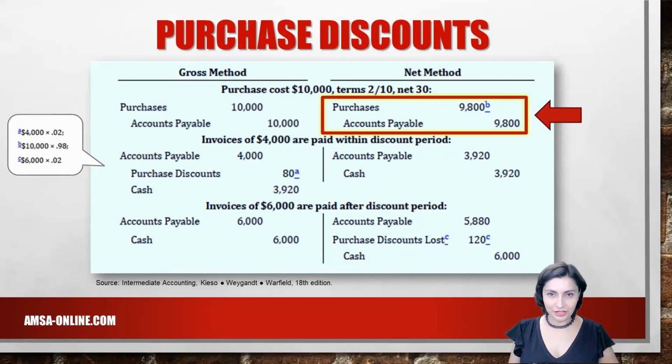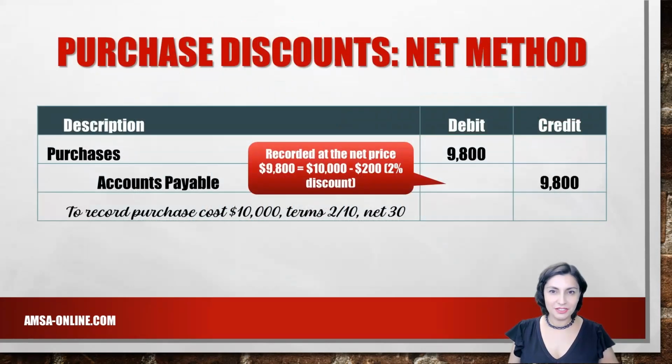The first journal entry is to record a purchase of bicycle inventory with the cost of $10,000, terms 2/10, net 30. Since the net method is used, both debit and credit are for $9,800.